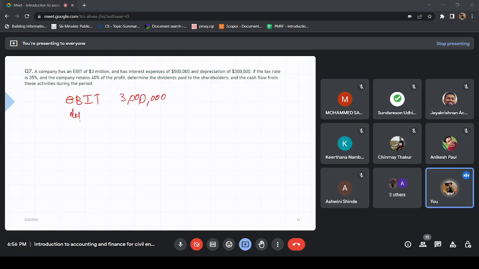What is depreciation? Depreciation is 300,000. Then what is the interest? Now interest is also given, right? Interest is 500,000.